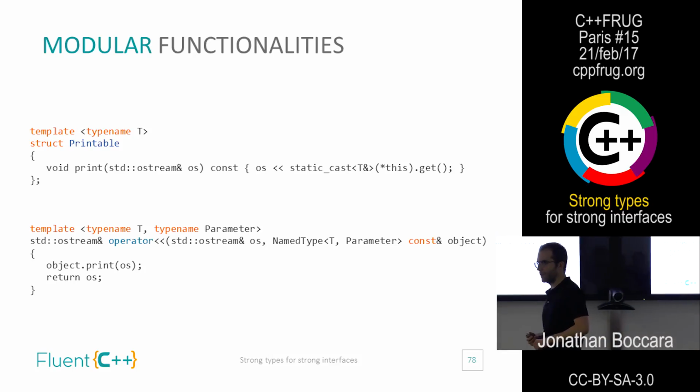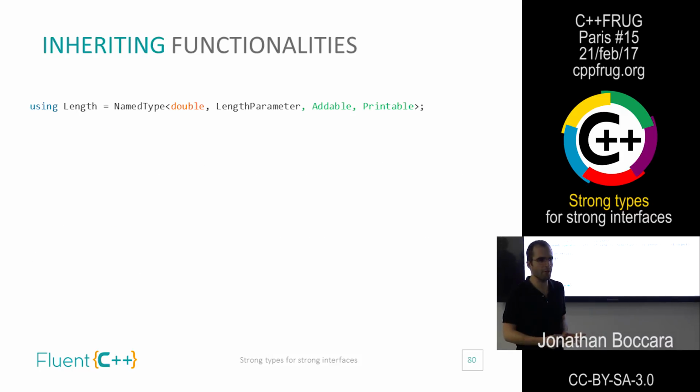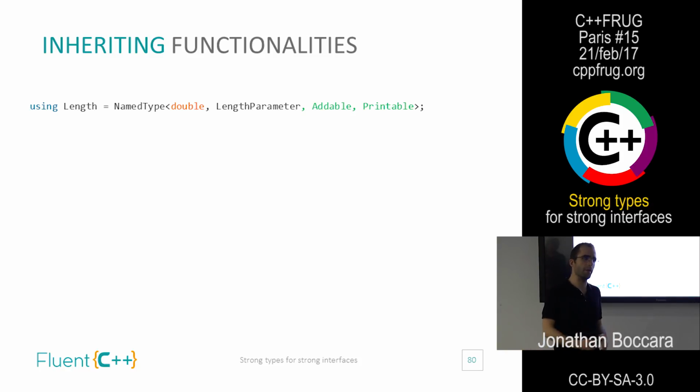We can build these kind of modules for pretty much every operator that the underlying type supports. And the thing we would like to be able to do is to declare, when we declare a strong type, which functionalities we want to pick.